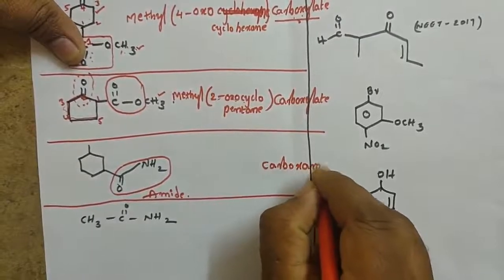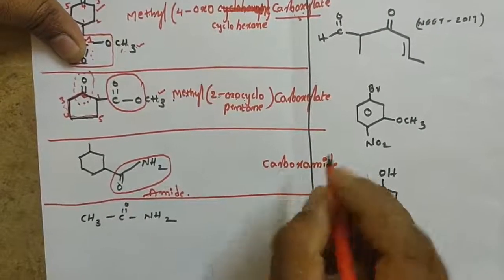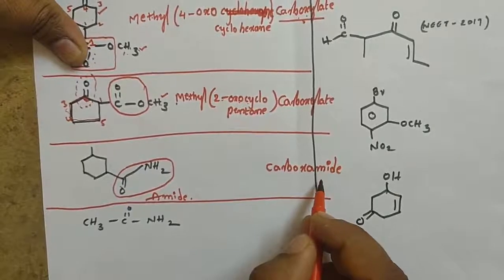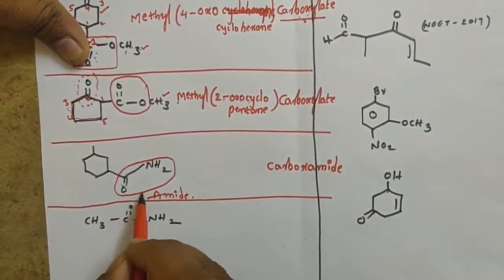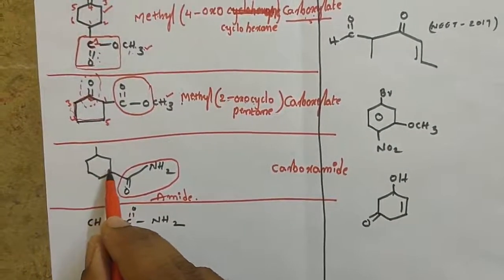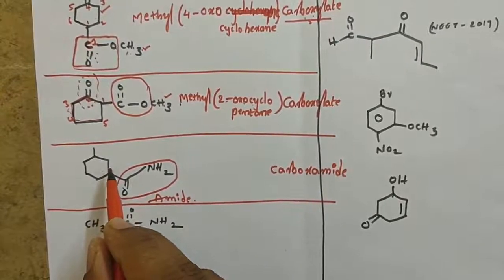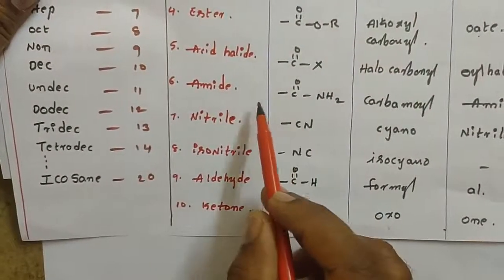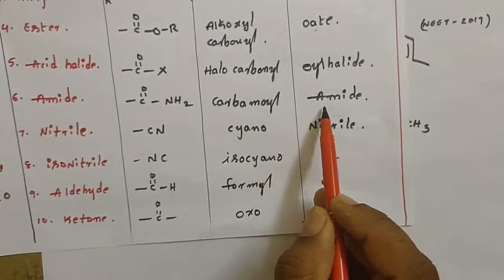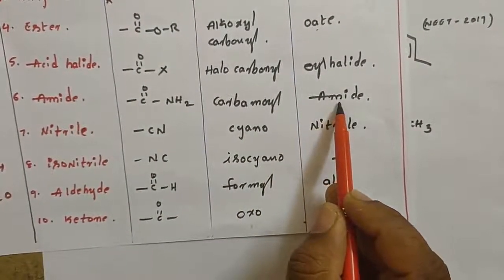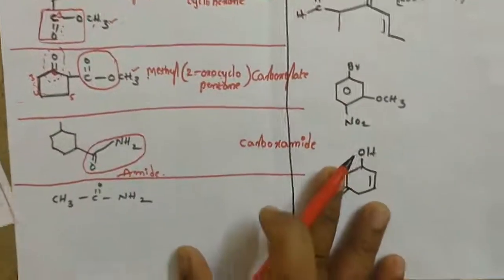Carboxamide is the suffix we use when the amide functional group is attached to a cyclic ring. When the amide functional group is attached to an open chain, we use amide as the suffix. Let me take one example.